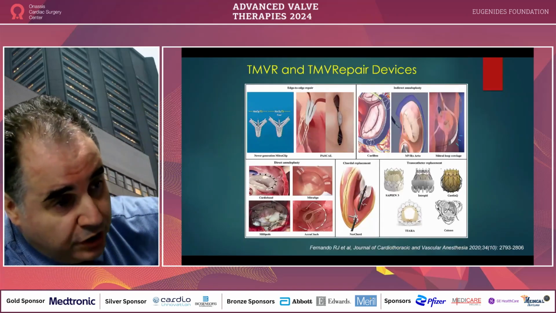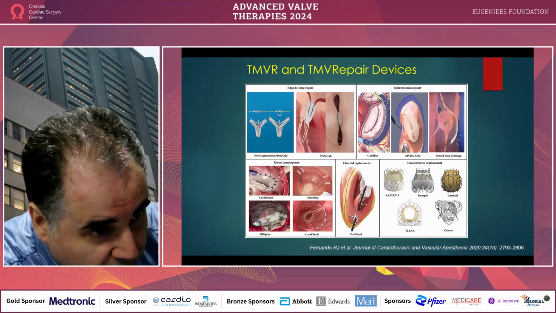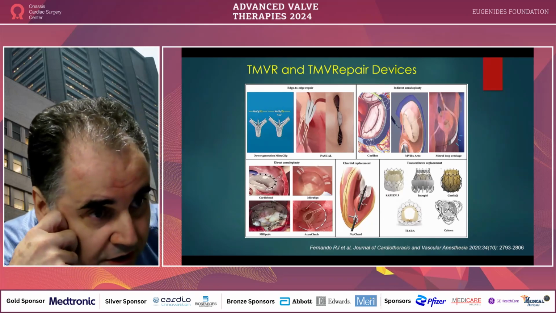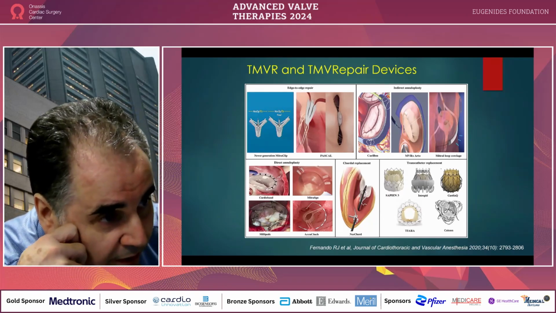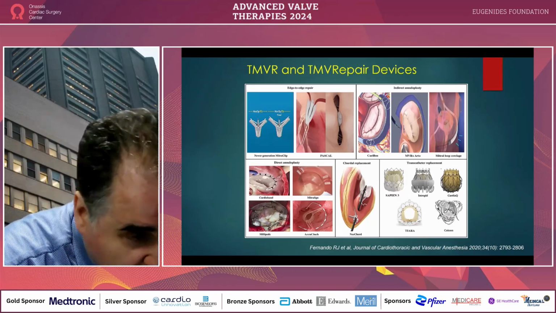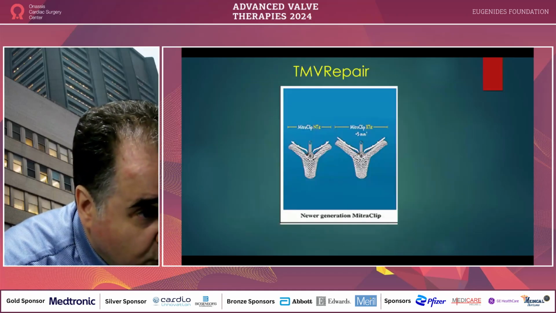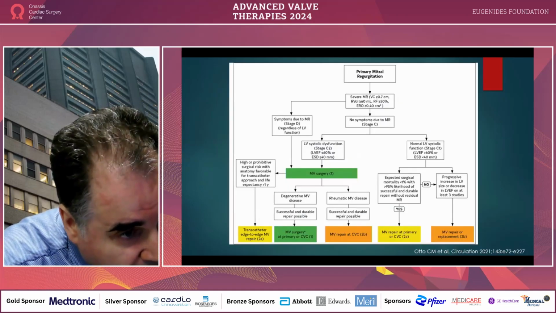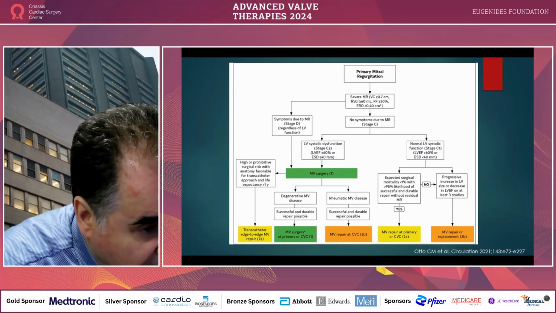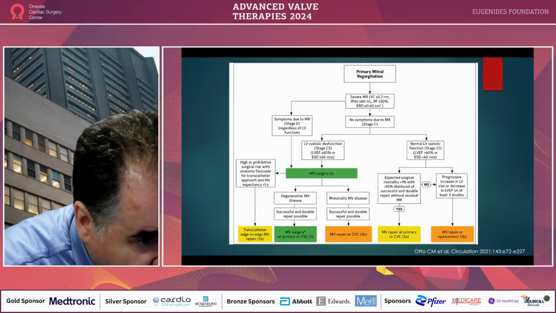As Dr. Ninios said before, there are many devices, and I'm glad to say that I have been part of most of these devices, most of which are not available today. But I will present the MitraClip, and how to do a MitraClip. I'm sure most of you know, but mostly for the fellows, how to use imaging for a MitraClip. MitraClip has also become part of the guidelines now for mitral valve therapy, for primary mitral regurgitation in high-risk patients.